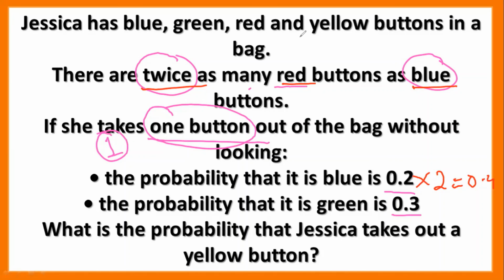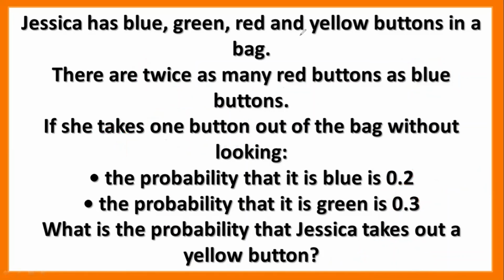And we have to find the probability of yellow. So we will sum up these three probabilities and subtract it from the total 1. And for yellow color, we got the answer 0.1. Now is the question clear to you? Yes. Okay. Let's see the options and the answer.